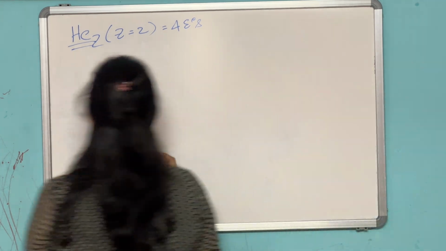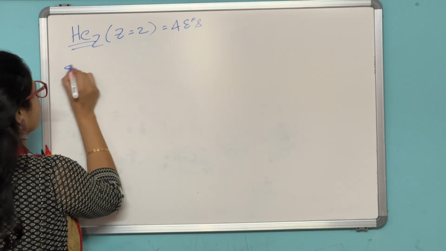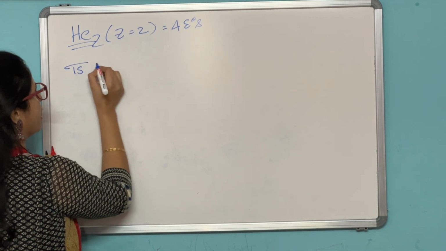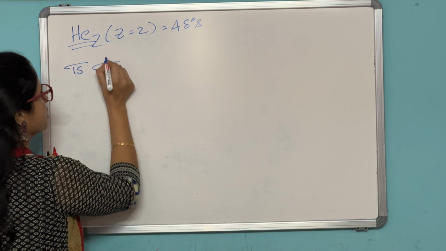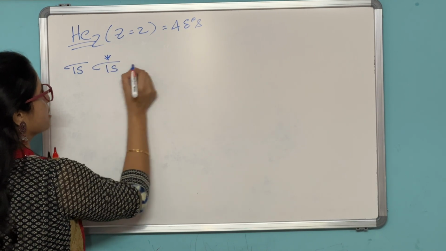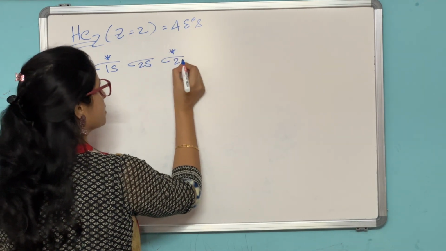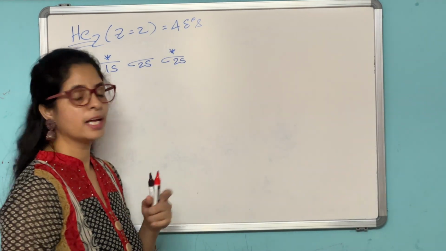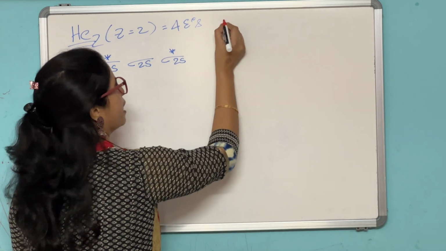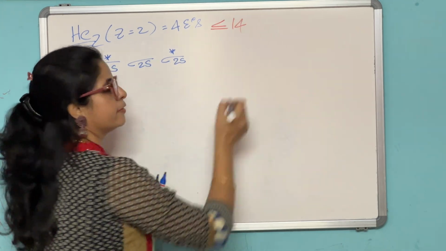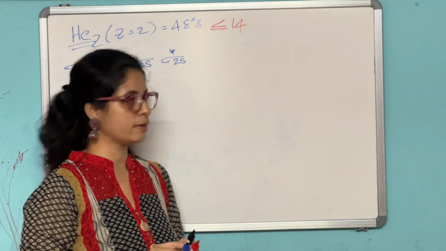First write down the electronic configuration. It is sigma 1s, sigma star 1s, sigma 2s, sigma star 2s. This electronic configuration is for molecules with number of electrons less than or equal to 14.